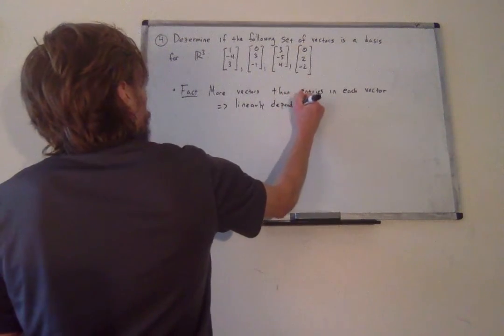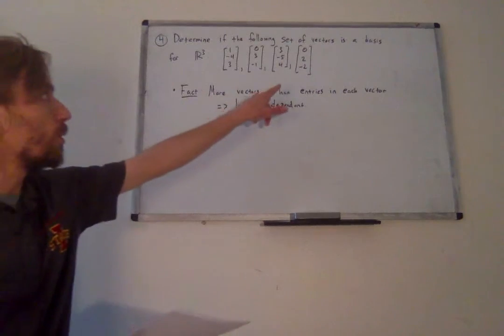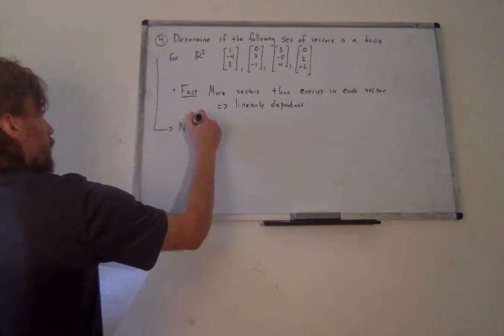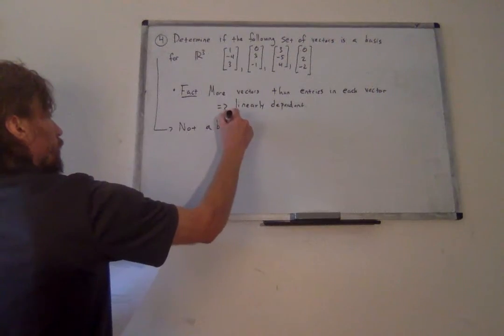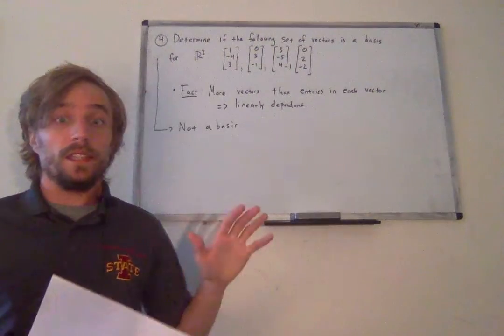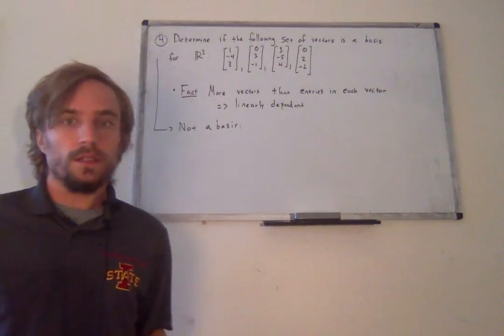And so for 4, you can immediately verify that this is not a basis, because no matter what, I don't even have to do anything to check. We just immediately know that these vectors are not linearly independent.